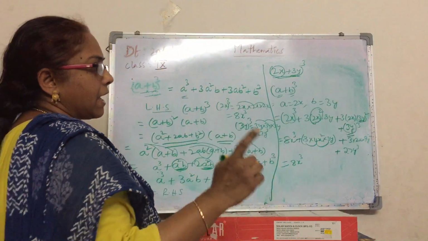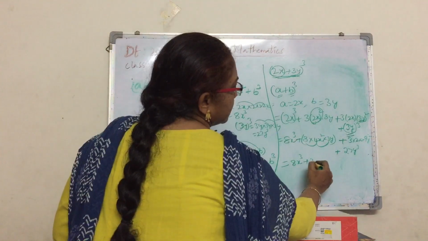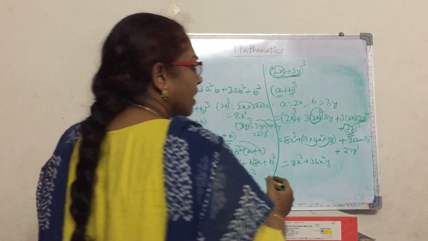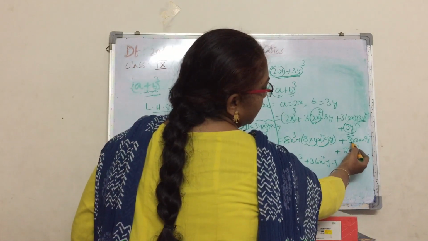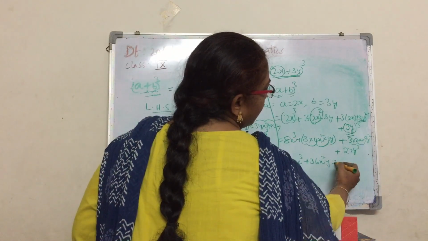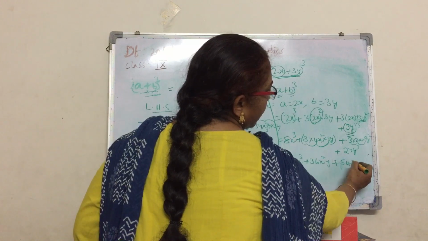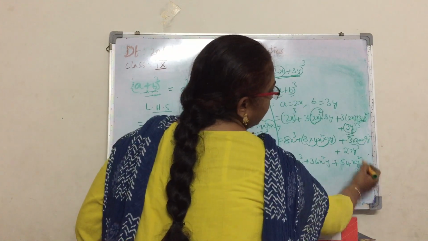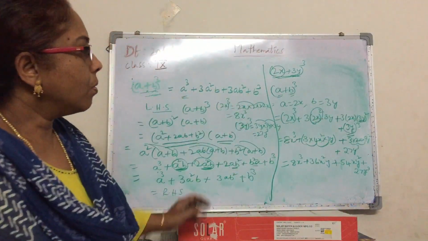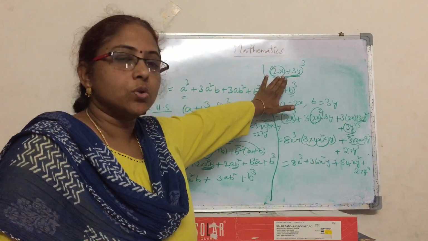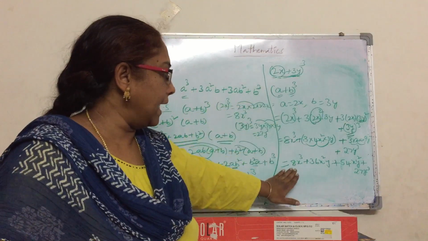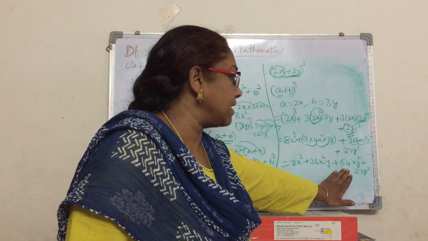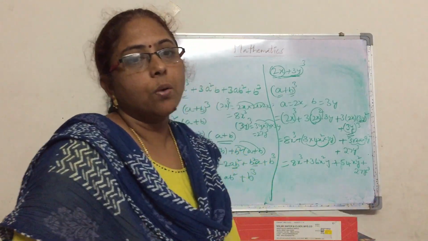So 3 into 3 9. 9 4s are 36 x square y. Now here what is the number? 3 into 2 6. 6 9s are 54 x y square plus this is 27y cube. Now what is the other side of this 2x plus 3y whole cube? 8x cube plus 36x square y plus 54xy square plus 27y cube.